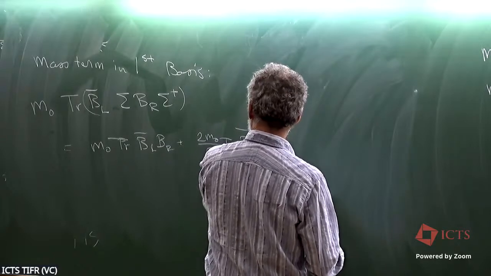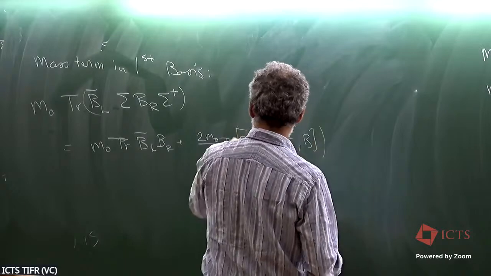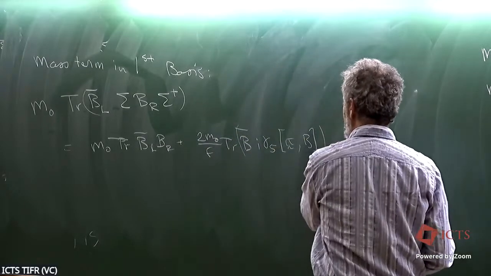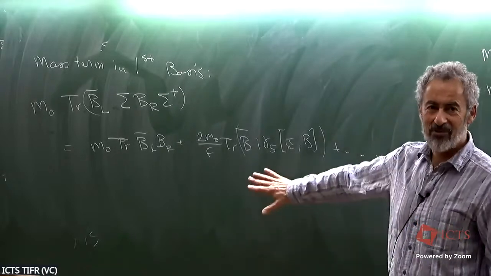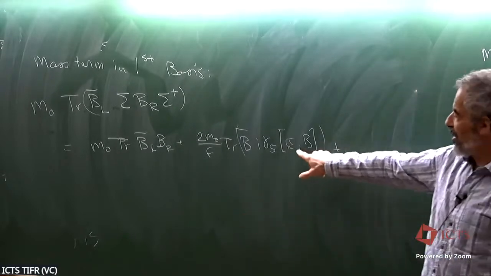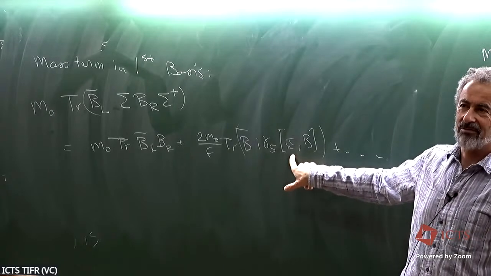I think there's a commutator of pi here with B, not sure. Now, the reason why I don't like this basis, notice that the pion coupling is not involved with a derivative.